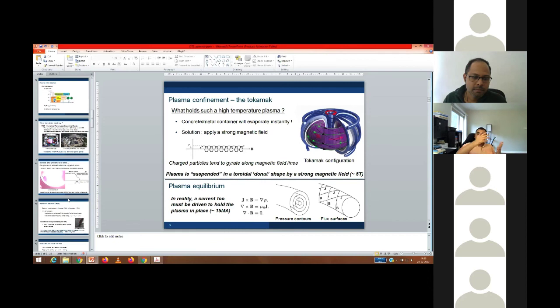It's like how many turns you have covered in one direction. Another thing, probably Vinodh will tell, beta is like kinetic pressure by magnetic pressure. I think beta is different here. I think this is q that I'm talking about. Sorry, q, right? Yeah. Beta, you were talking about the kinetic pressure by magnetic pressure.